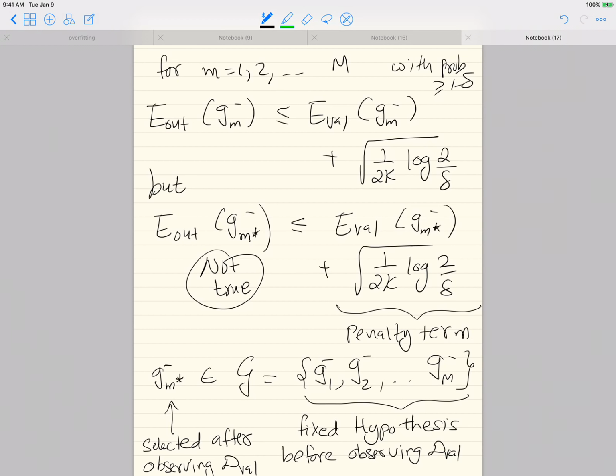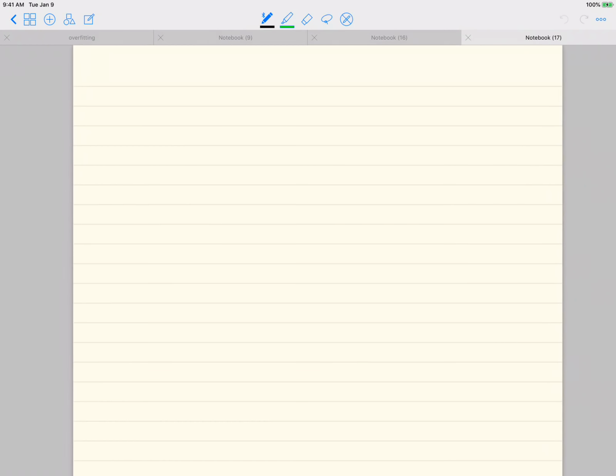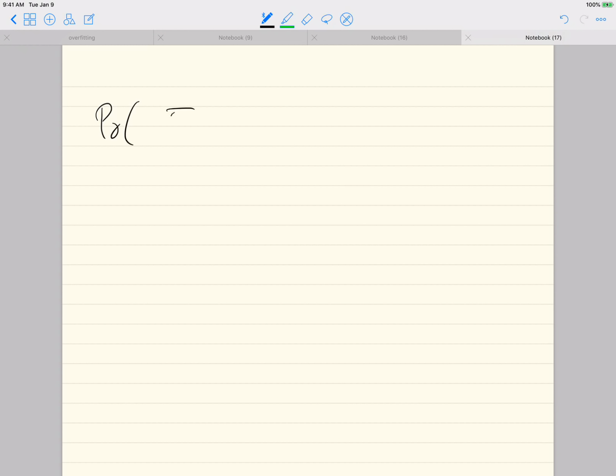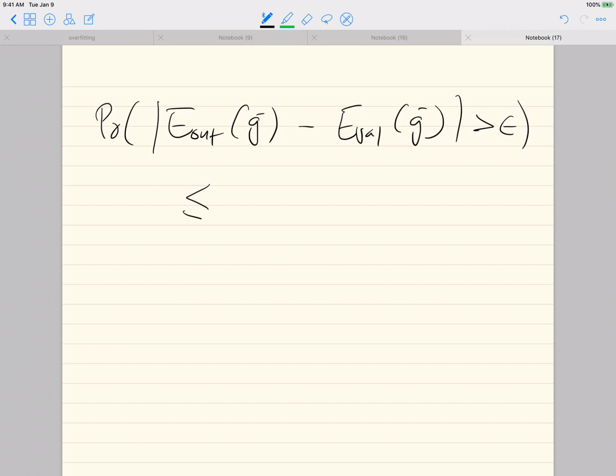So can anyone remember what the bound will be? How do I bound the probability of E out of G minus minus E val of G minus? Well, it's not quite Hoeffding, I have to fix it by putting an M there. That comes from the union bound.